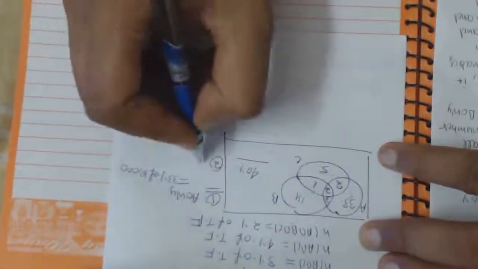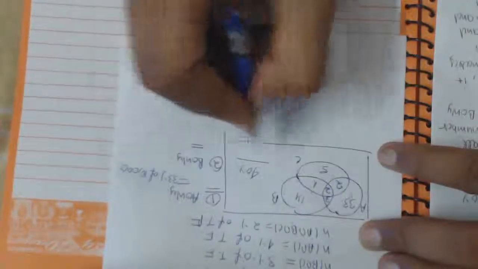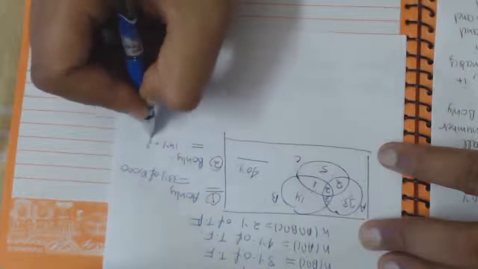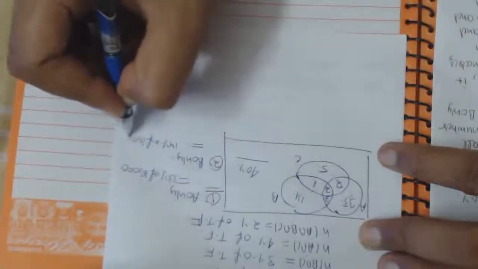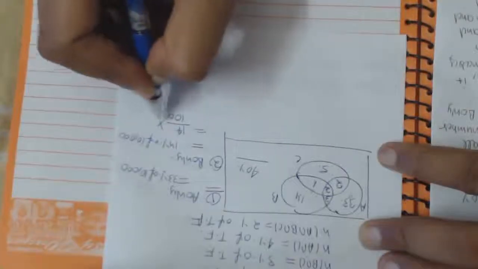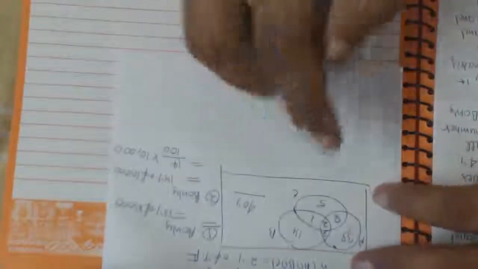You can calculate B only. So B only is 14% of 10,000. That is 14 upon 100 multiplied by 10,000.